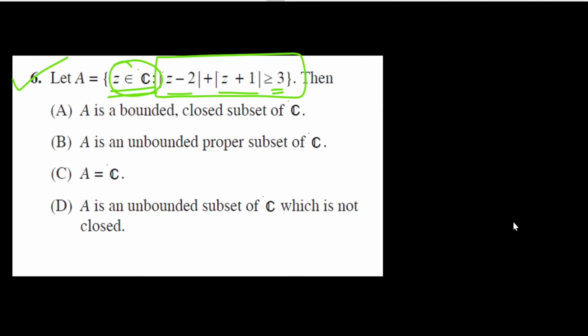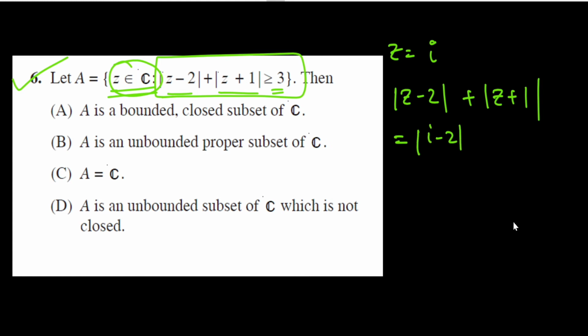Now we put any value of z. If we put any point, suppose we take z equal to iota, simply. So find mod of z minus 2 plus mod of z plus 1, which for z equal to iota is mod of iota minus 2 plus mod of iota plus 1.